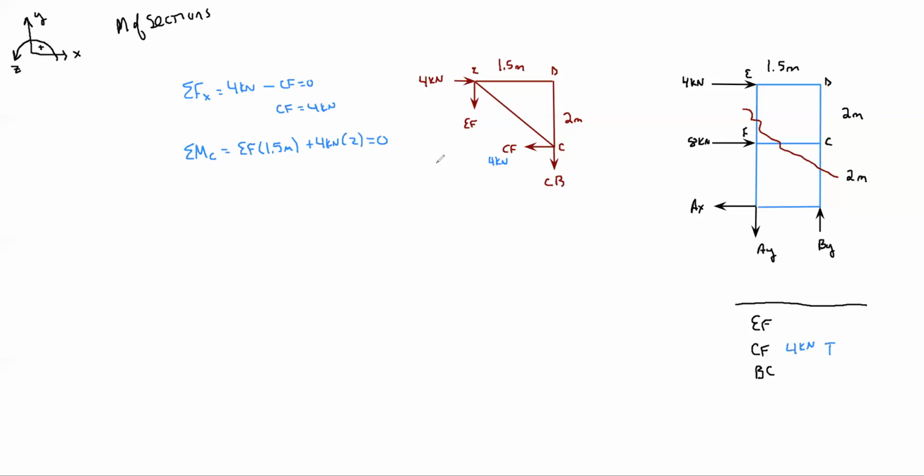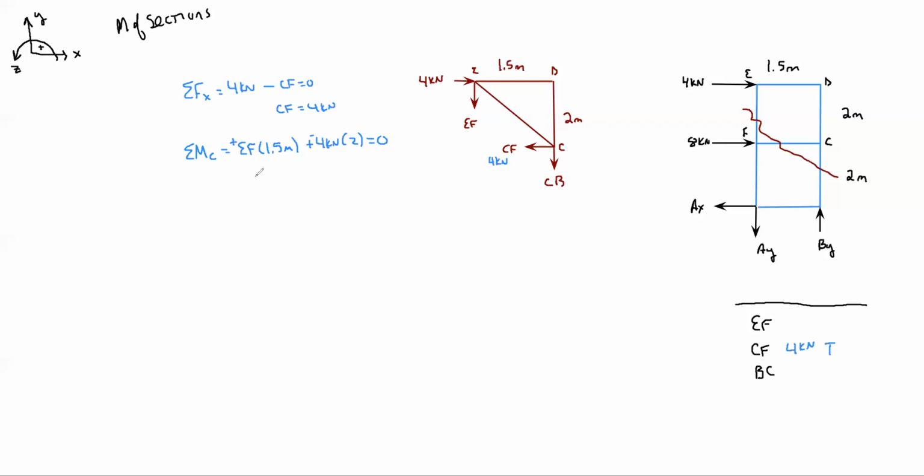Grabbing the direction, if I'm rotating about C and EF is pulling down, that's a counterclockwise rotation, which is positive. And if I'm rotating about C and the 4 kilonewton external force is pushing to the right, that causes a clockwise rotation. Clockwise is negative.